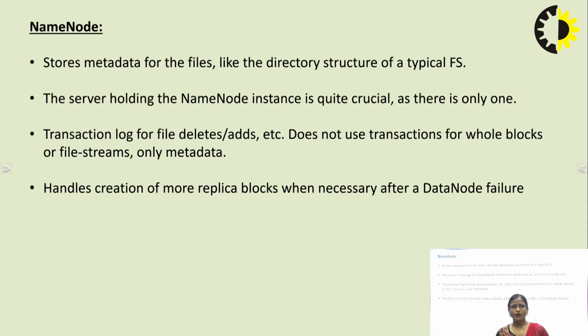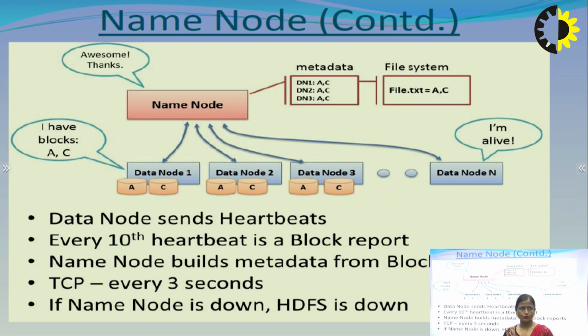That means it has a single name node. The transaction log for file delete, add, etc. does not use transactions for the whole block or file stream, only metadata. And the name node also handles creation of more replica blocks when necessary after a data node failure. So it can handle that also.